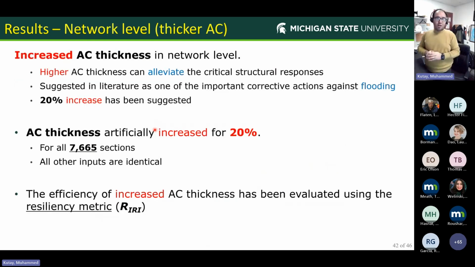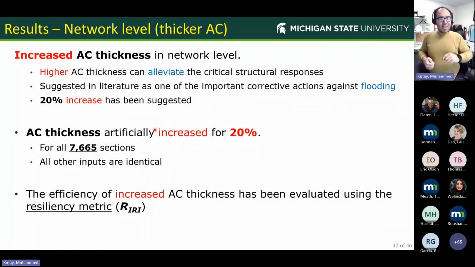At the network level, we did the same thing. From the literature, we saw that increasing the AC thickness can alleviate the critical structural responses, and we saw that in our results as well: California has higher average AC thicknesses, so it has a lower reduction in service life.